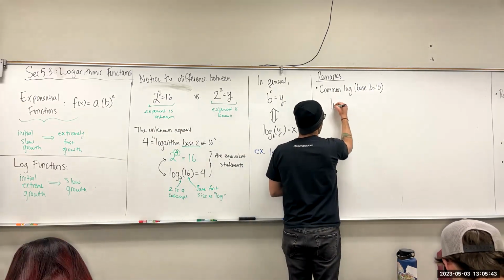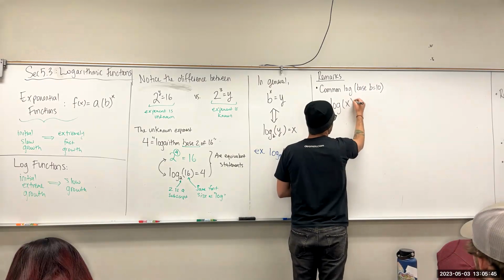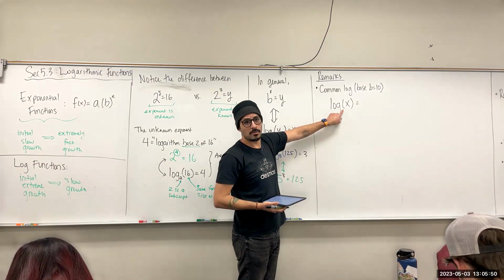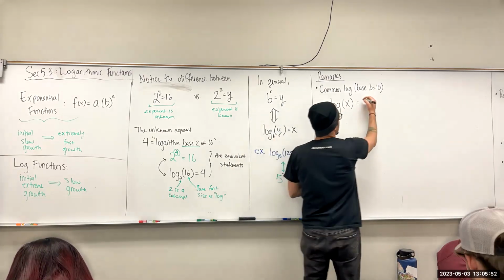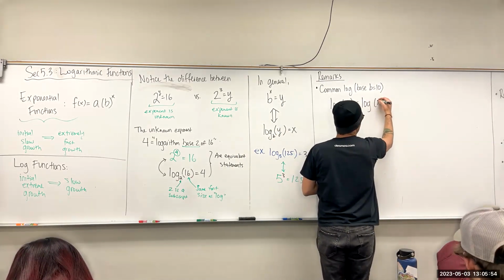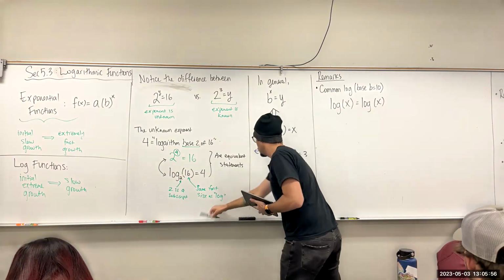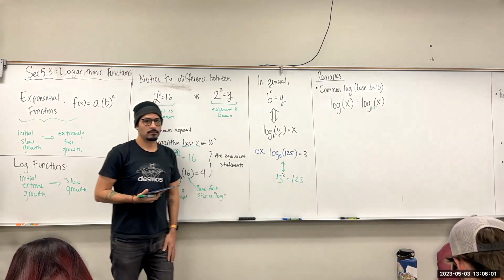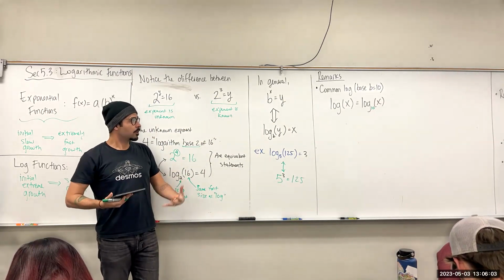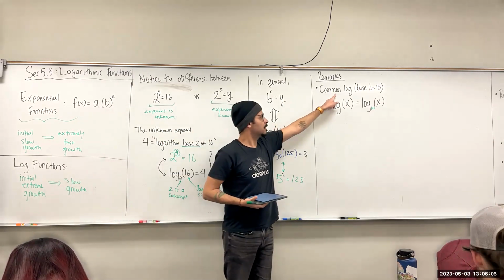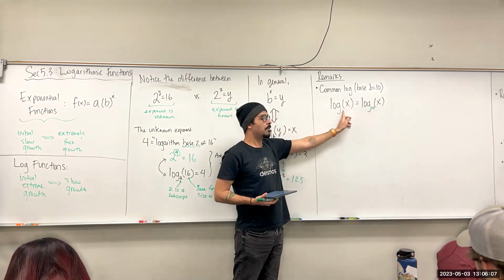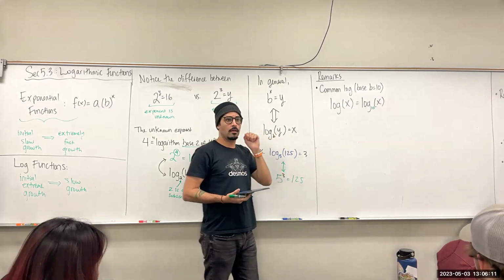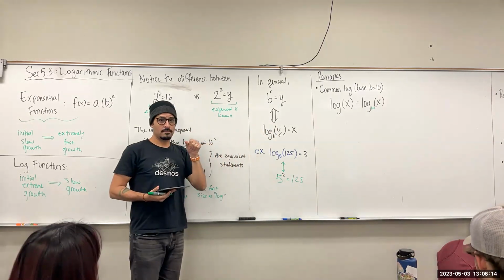So when you see log of x, and you say, whoa, where did the subscript go? There's no subscript. It automatically means log base 10 of x. So in your calculator, you have the common log button, which means you have a base 10 button. That one is assumed to be base 10.